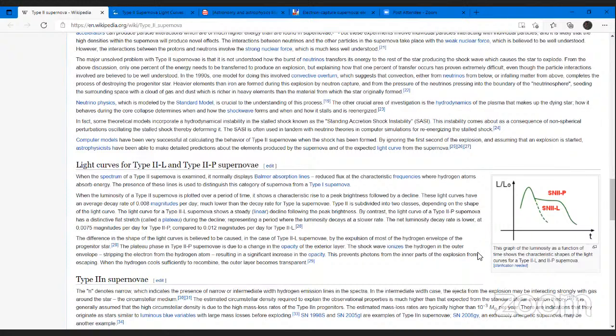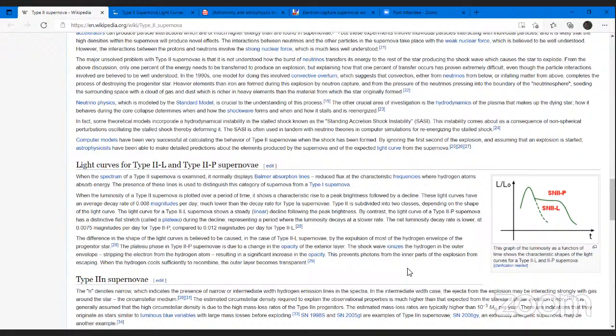Instead, it behaves in a different manner, the plateau phase of type 2P, which is due to a change in opacity of the exterior layer. I'll explain this plateau phase in detail shortly.